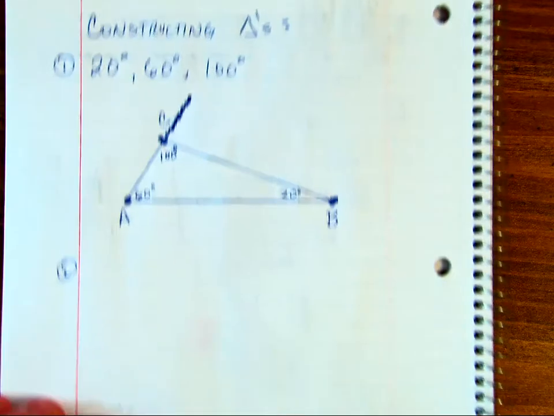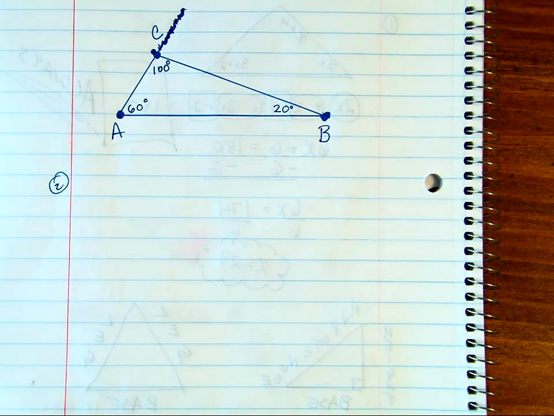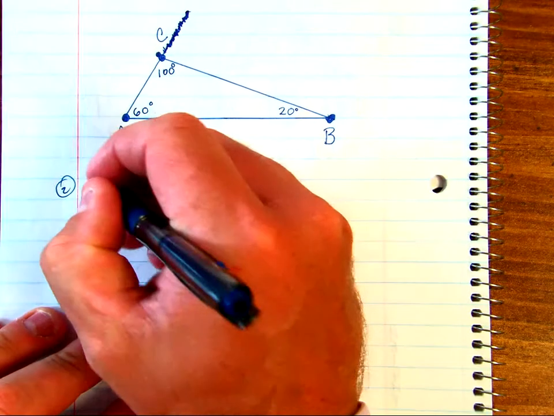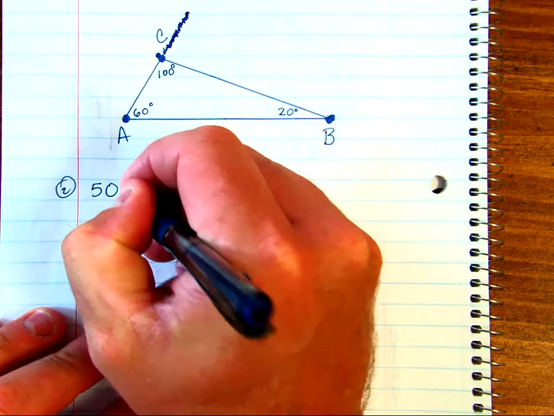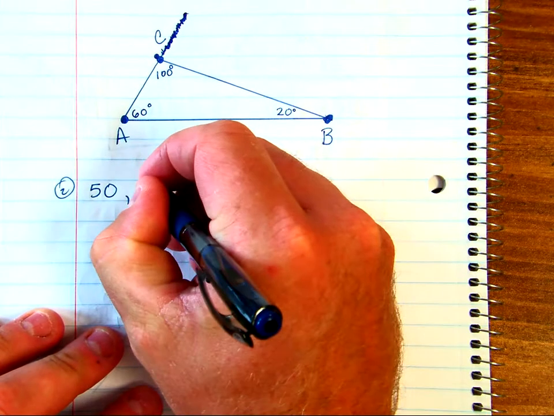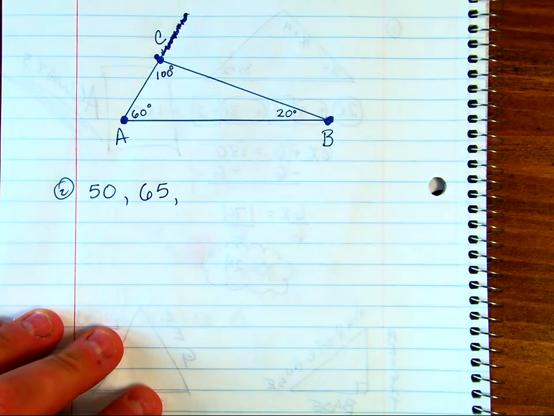Let's see here. Let's go. 50. 65. Oh, what would the third one be?